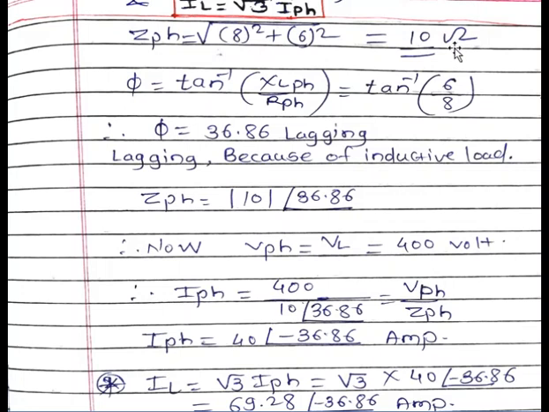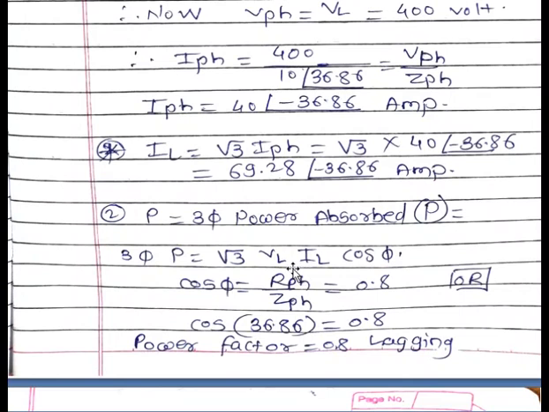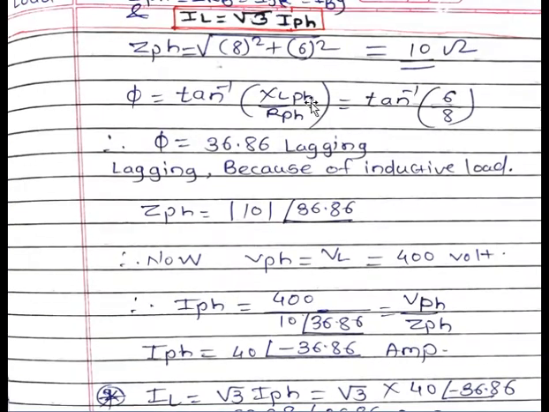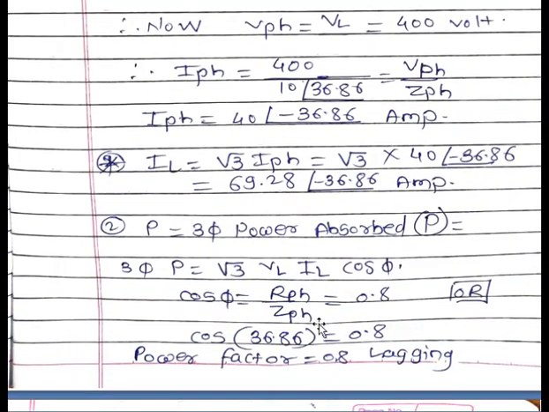And that is 8 divided by 10. 8 divided by 10 is equal to 0.8. Or for cos phi, we can calculate the angle in the above formula. Here phi is equal to tan inverse of XLPH divided by RPH. The phase angle phi is equal to 36.86 degree. Therefore, cos of the angle phi, 36.86, is equal to 0.8. The power factor is 0.8 lagging in nature because of the presence of an inductive circuit or inductance.